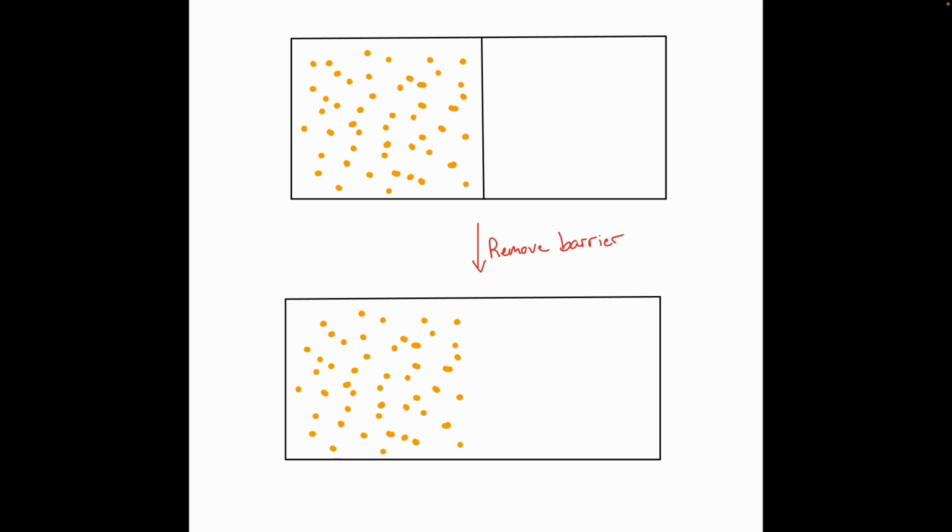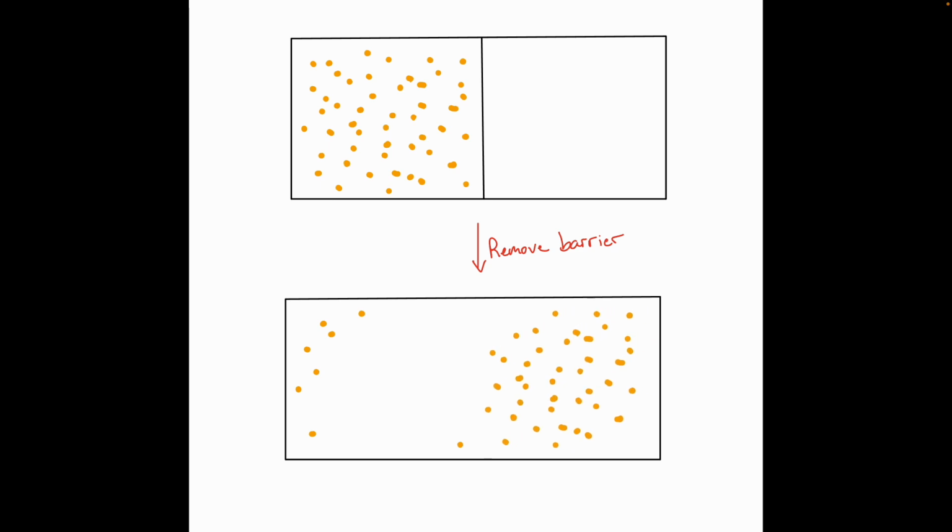Do we think our system's just going to stay like this? What's going to happen? Are all of these gas molecules going to just decide to travel together to the other side? No, they're all going to spread themselves out evenly throughout this container.